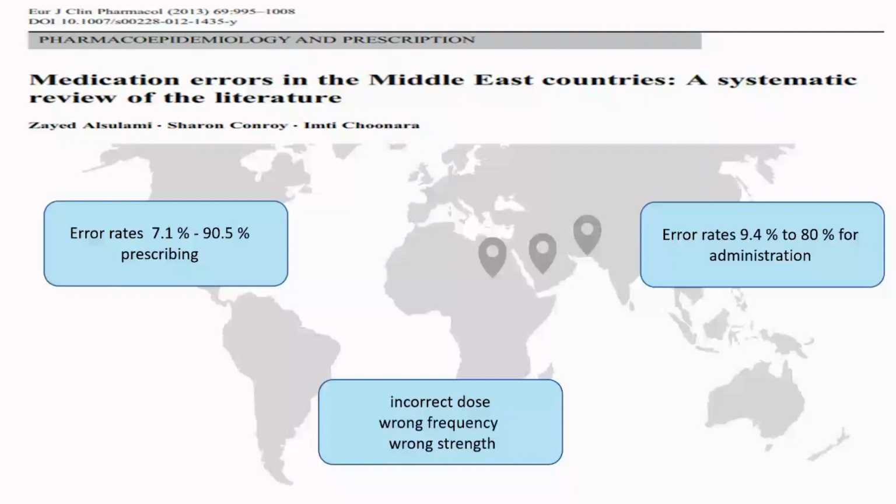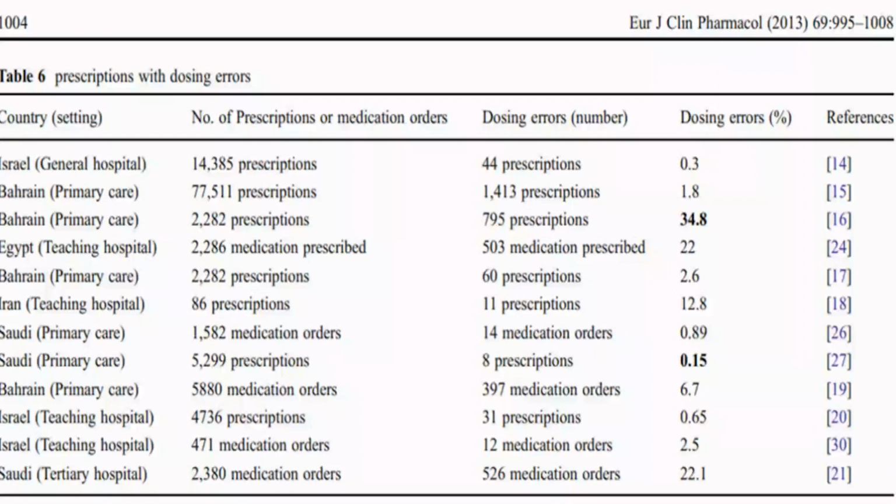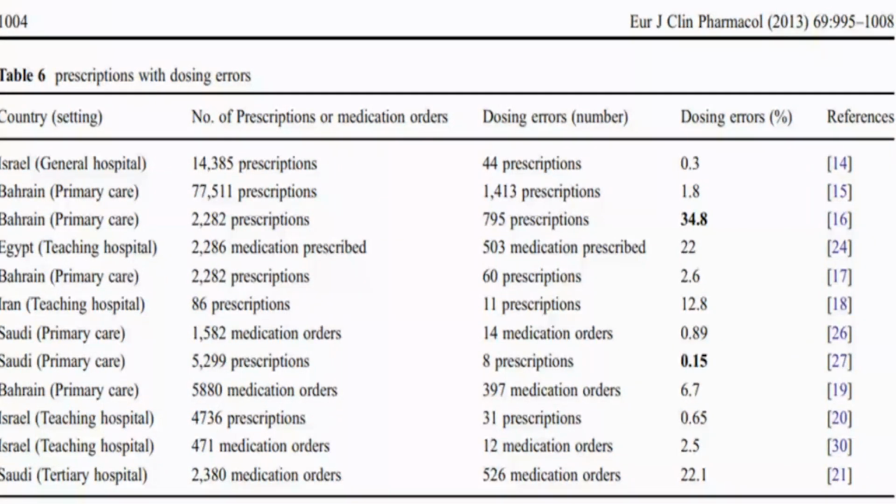This is the list of the countries, which are huge numbers, more than almost 100,000 prescriptions, with general Middle East countries, including different countries, Saudi and Bahrain and Egypt. And each one of them has a specific number of prescriptions and dosing error as a percentage.